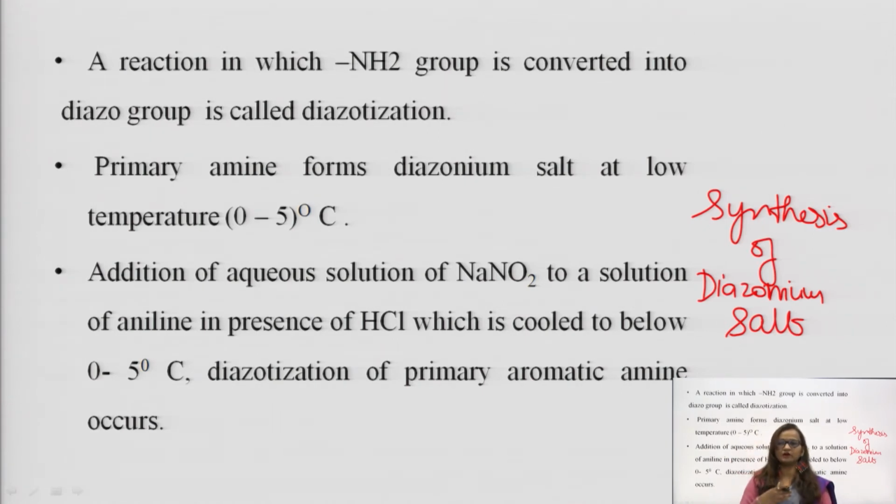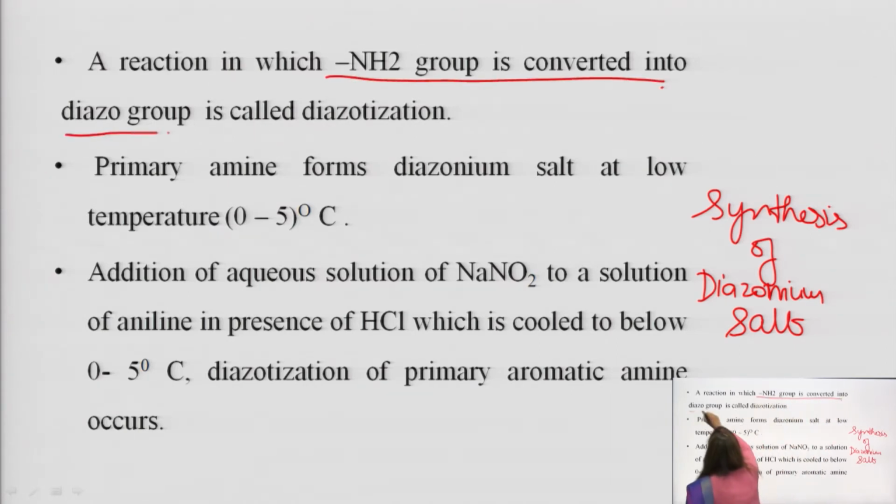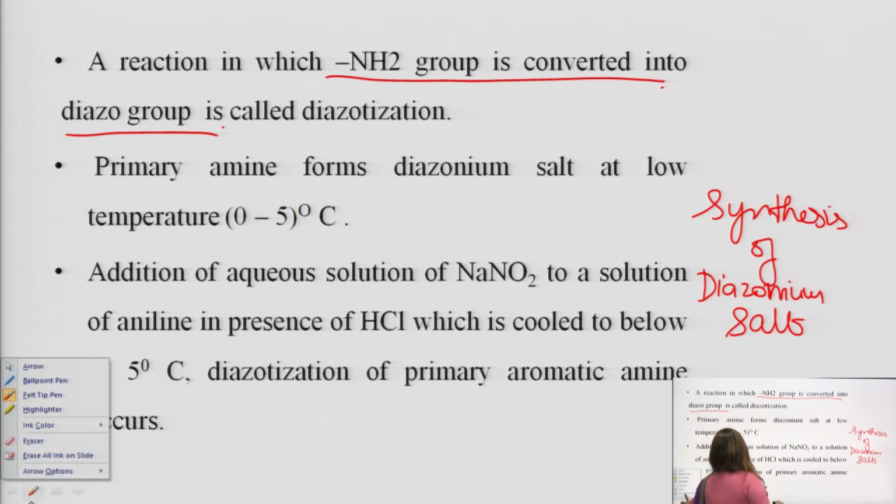Suppose you are doing some reaction and the professor says that you have to convert into diazo group, then you must have that idea, or one thing must strike in your mind. That thing is that you have to do the diazotization process. And what is that diazotization process? NH2 group is converted into diazo group.